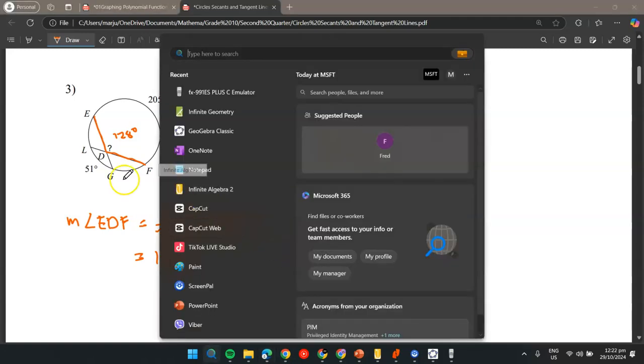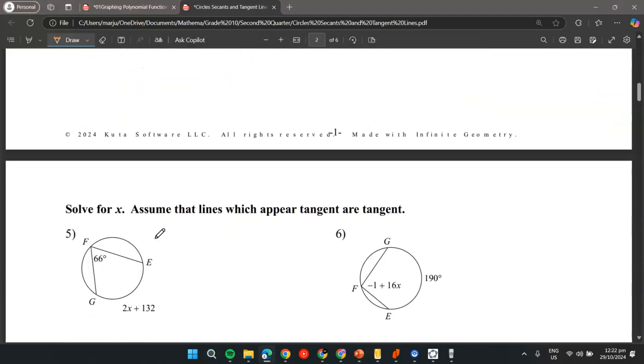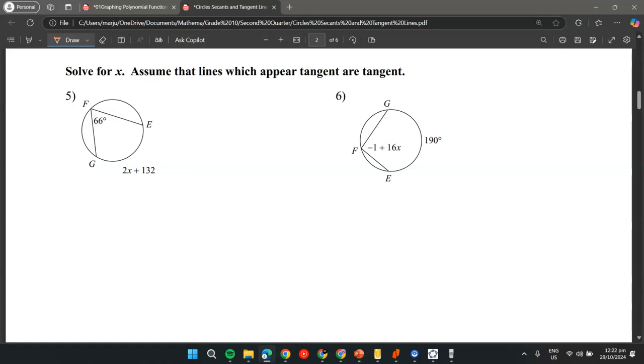Let's do number 5. This time we are asked to find the value of x, not the angle. But again, the same thing. As you notice, this is an inscribed angle, and by definition, its measurement is 1/2 of the arc it makes. So 66 is 1/2 of 2x plus 132.